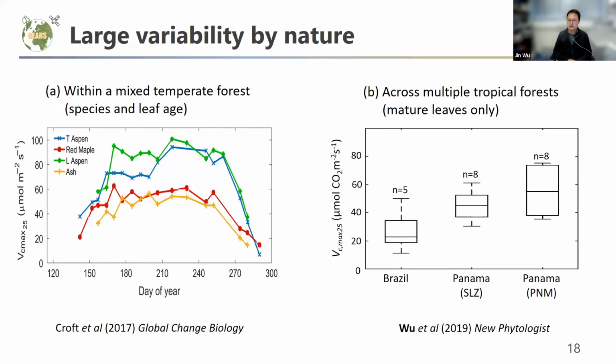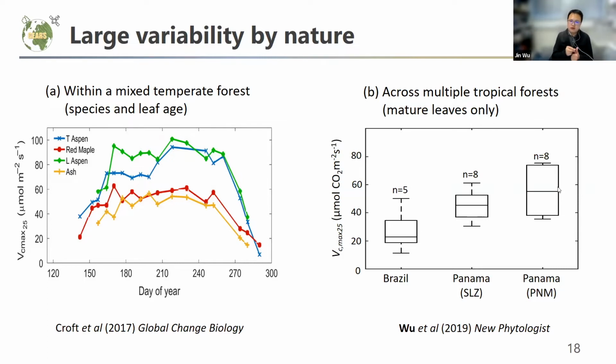Alternatively, even if we zoom in, standardize the leaf age effect and just focus on the tropical region, where all are tropical evergreen forests with year-round humid and high temperature like Hong Kong, you can tell that across different tropical forests this variable can also have large variation.